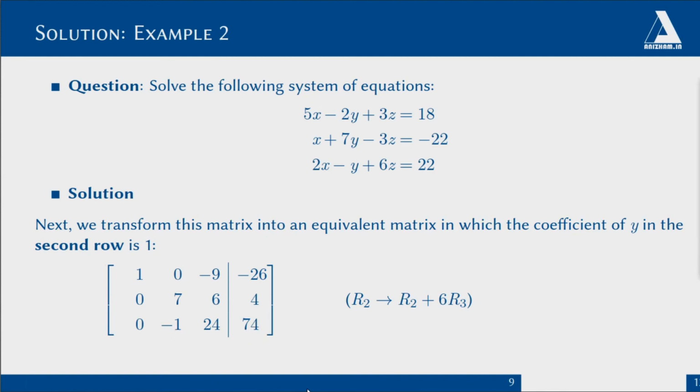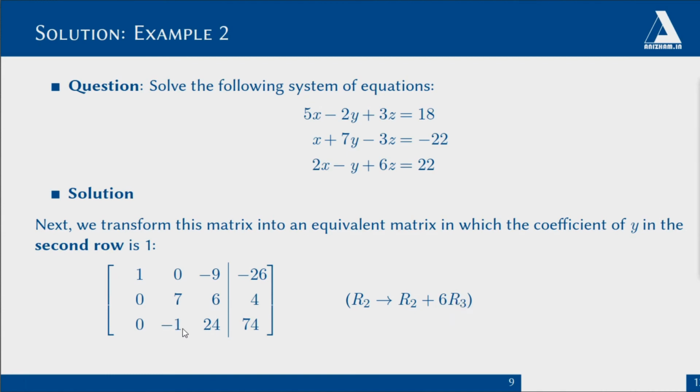Now we transform this matrix into an equivalent matrix in which the coefficient of y in the second row is 1. The coefficient of y in the second row is 7, so we want to make 7 as 1. If we divide this row by 7, it will create fractions which will be difficult to handle. So we replace this row with R2 plus 6 times R3.